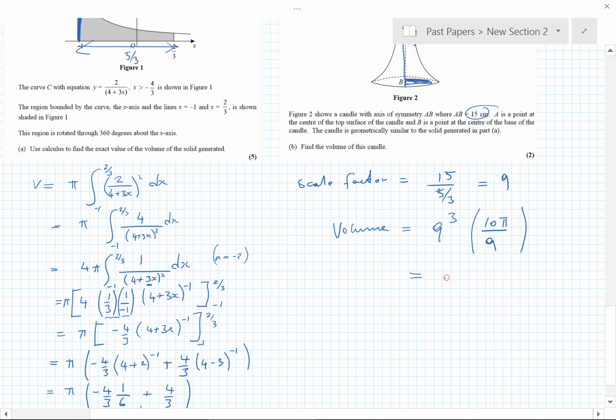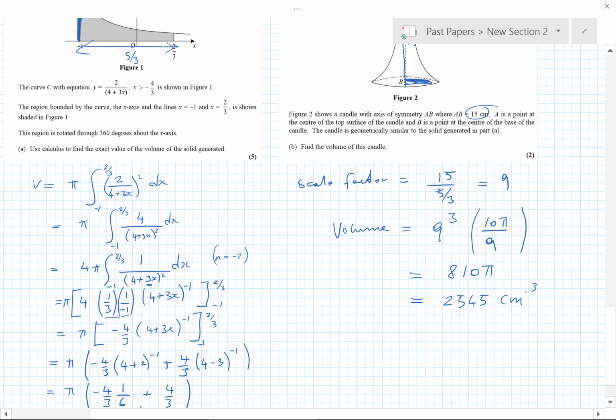So it's 810 pi. It doesn't ask for a certain number of decimal places or anything, so I think the exact answer would be fine. But just to be cautious, I might tend to work that out, and that gives 2545 centimeters cubed. Give both.